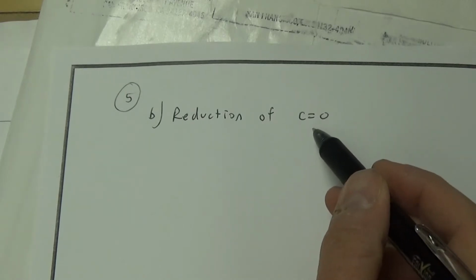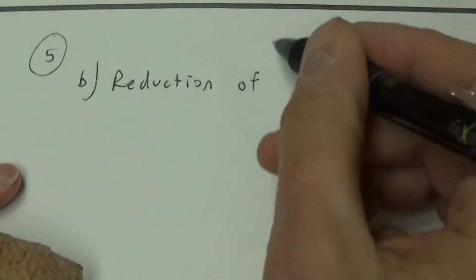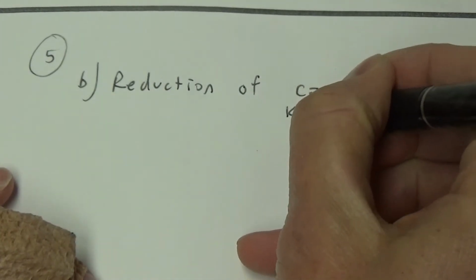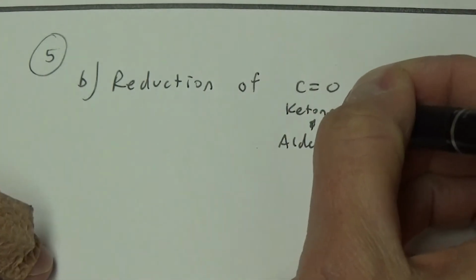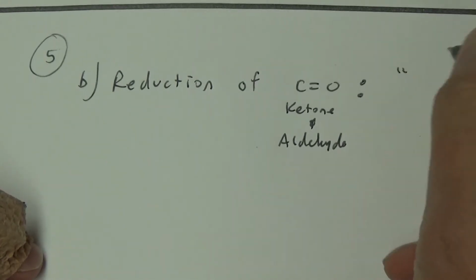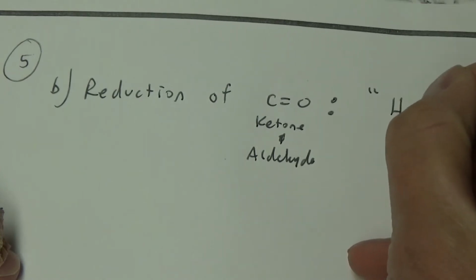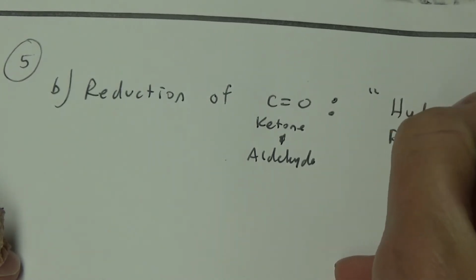When we say C double bond O, right now we mean ketone and aldehyde. Alright, and the ways we do this are with things called hydride reagents.